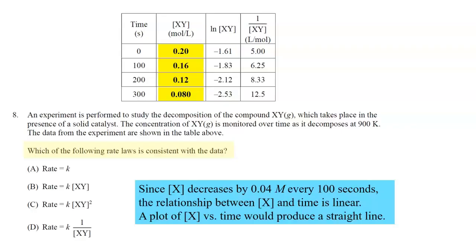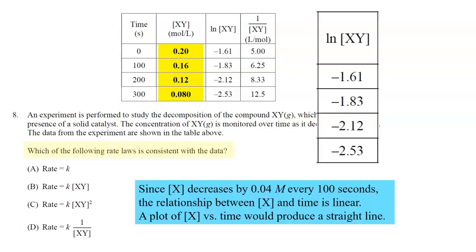So let's just confirm that if we think it is a linear relationship, that the other two are not. So I'll just briefly show you why these other relationships are not linear. So for natural log of concentration, that would be decreasing by 0.22 and then decreasing by 0.29 and then decreasing by 0.41. So that is not a regular linear relationship of natural log of concentration versus time.